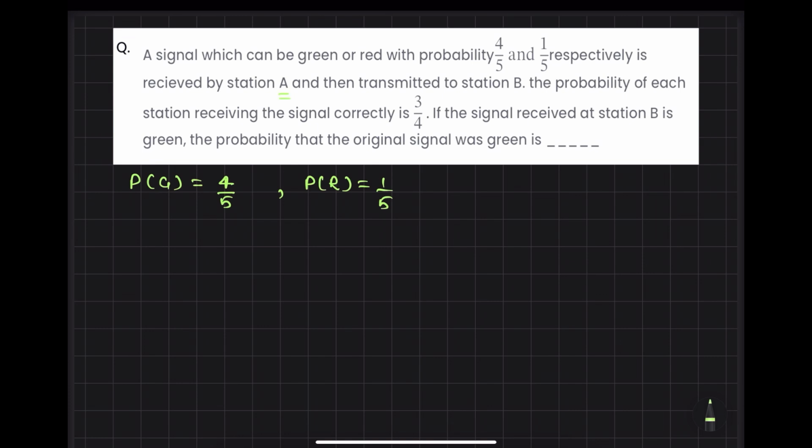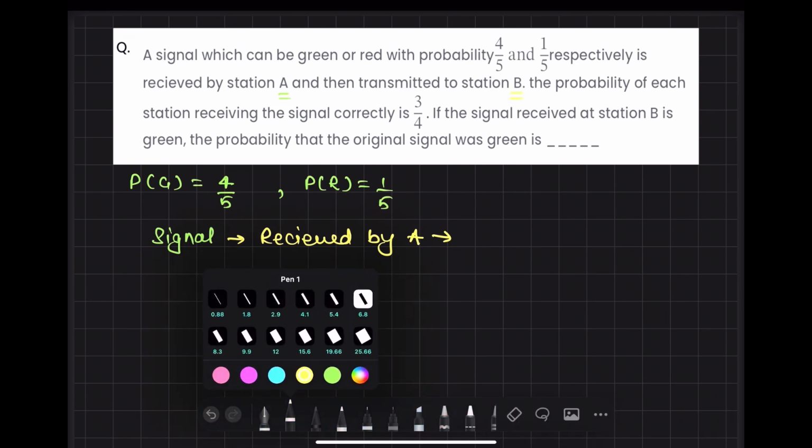So, first you have some signal. Now this signal will be received by A, and transmitted to B. Now you have to transmit the signal.